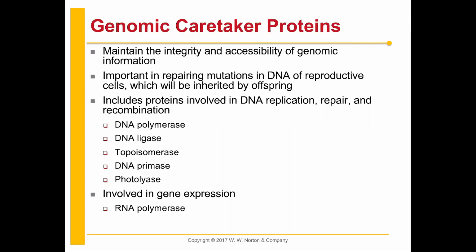But at the same time, you need to have access to the genomic information, though not to everything. You want access to specific genes for a specific cell type, and specific genes in response to the changing biochemical needs of the cell or of the organism.